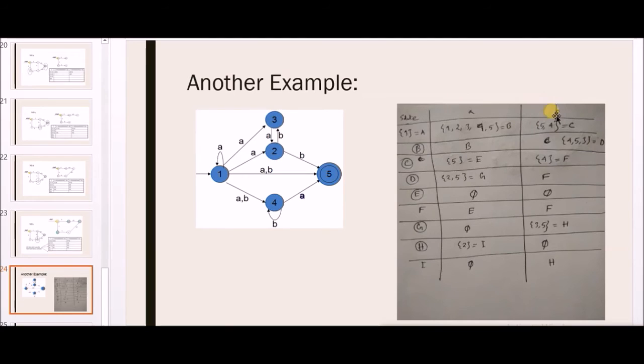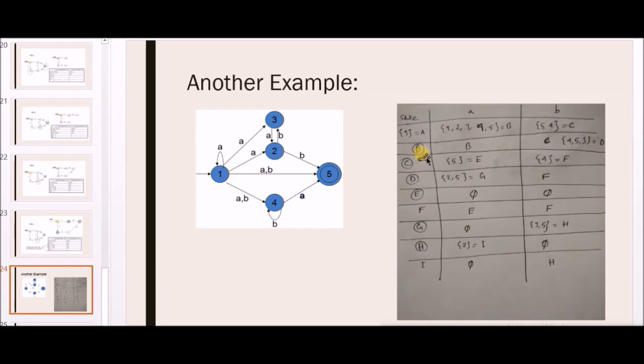For alphabet small b, I will be able to go to the states number 5 and 4, so I name this state C. From B, for alphabet small a, I will be able to go to the states 1, 2, 3, 4 and 5. So this state is actually the state V, so I write it here.